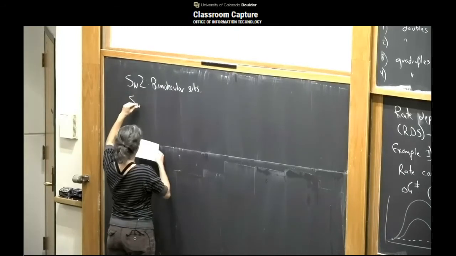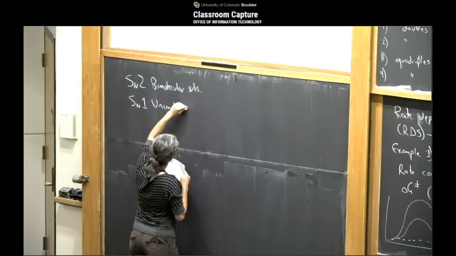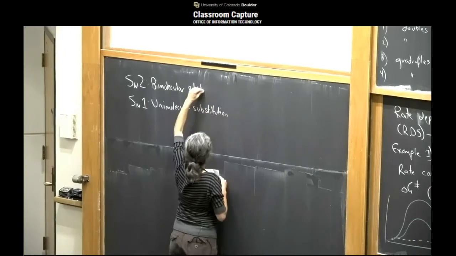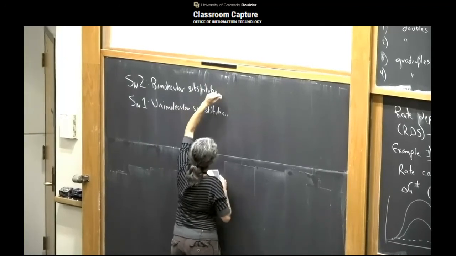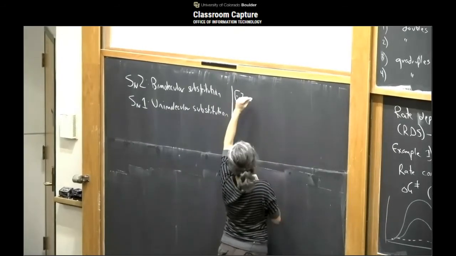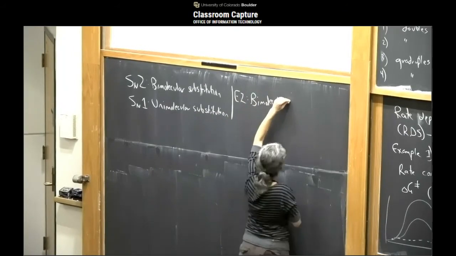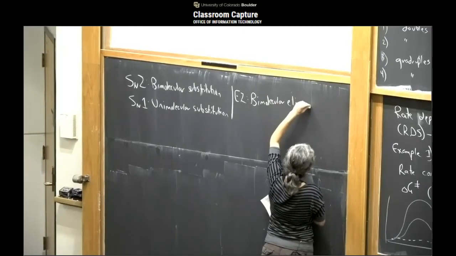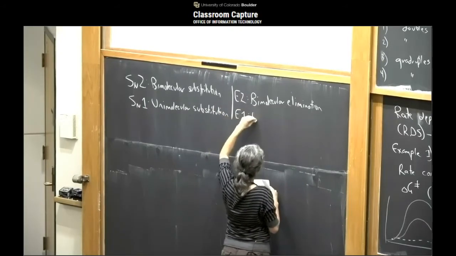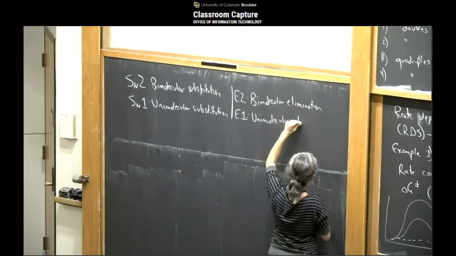We're going to look at SN1, which is unimolecular substitution, we're going to look at E2, which is bimolecular elimination, and we're going to look at E1, which is unimolecular elimination.